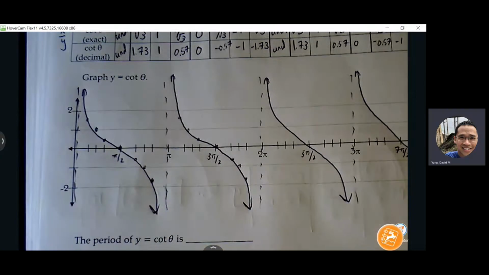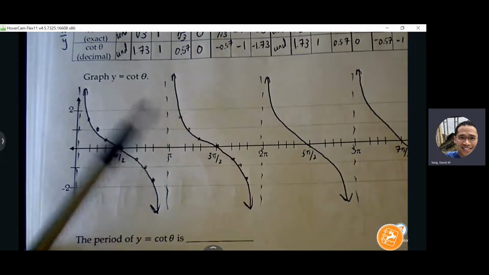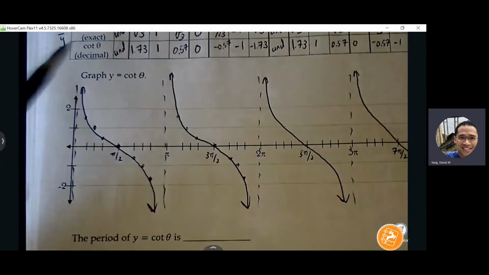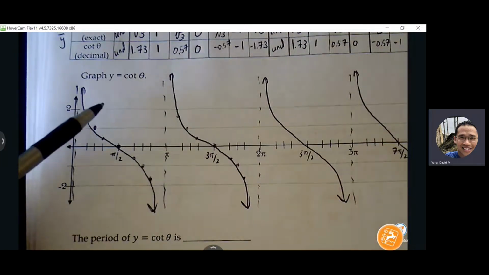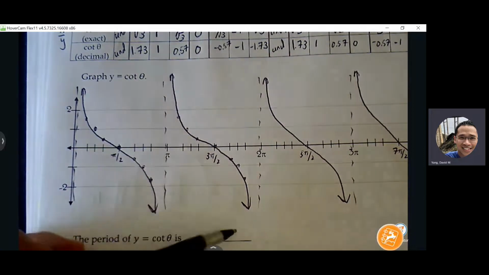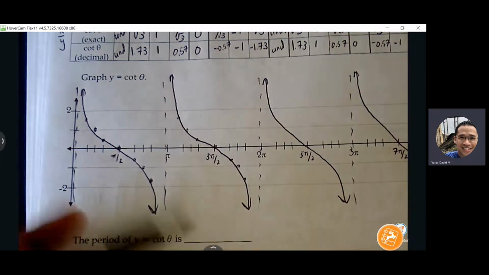There's something a little different though in terms of the period. What do you think the period is for this cotangent graph? Just pi. Why is it not 2 pi? It's already a complete repeat after pi, right? I know that with secant and cosecant, we kind of saw similarities, right? The parabola is opening up, then it's opening down, but then we don't consider the opening down as the same as open up.